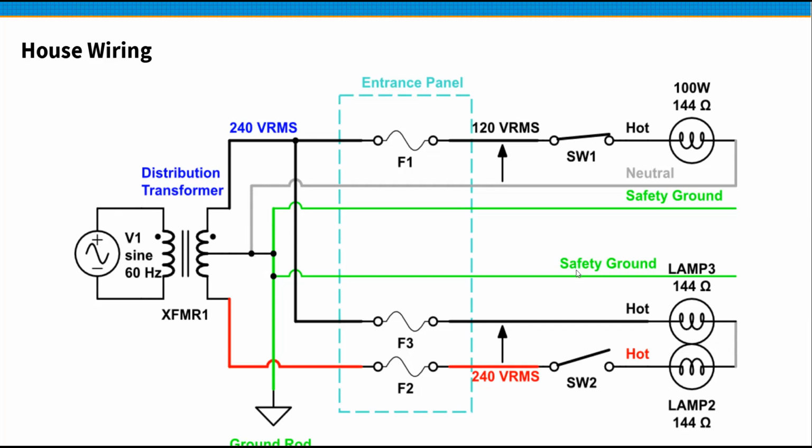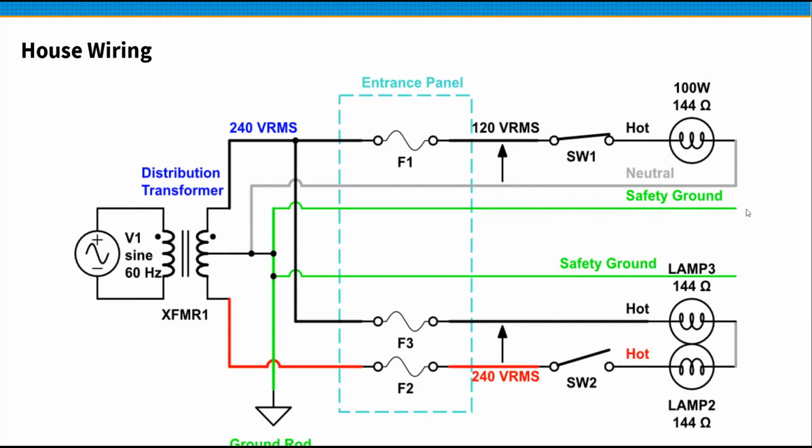And that will show up as your green wire in your house wiring. Whether it's 240 or 120, you're going to have a green wire. If it's a normal 120, which is most of what you're going to have, you're going to have a neutral or white wire and a black wire, which is the hot wire, and the safety ground.